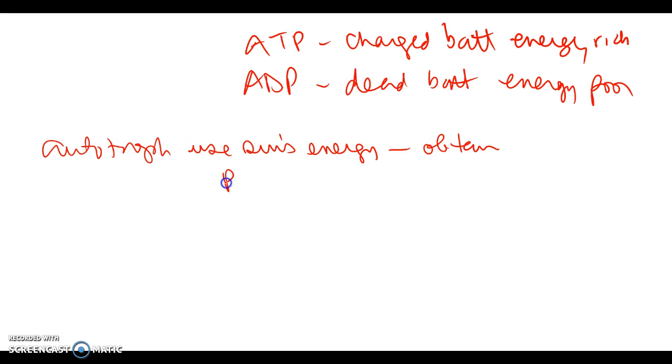Examples of autotrophs are plants, fungi, right? Heterotrophs cannot make their own food. They need to eat autotrophs in order to get the energy stored in the glucose that the autotrophs have stored.